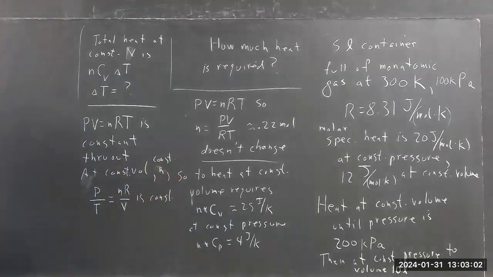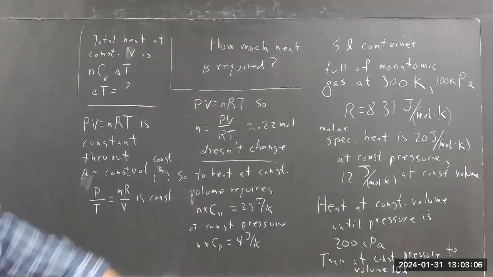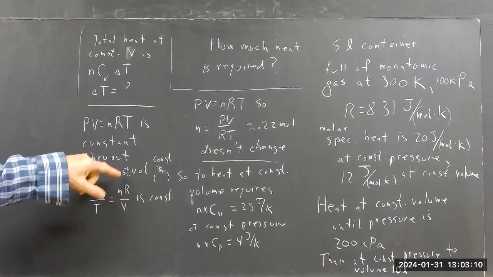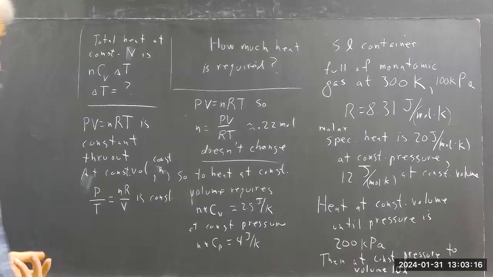If N is constant, and since it's a sealed container, the number of moles doesn't change. So N is constant, volume is constant, so we say P over T equals NR over V is constant.